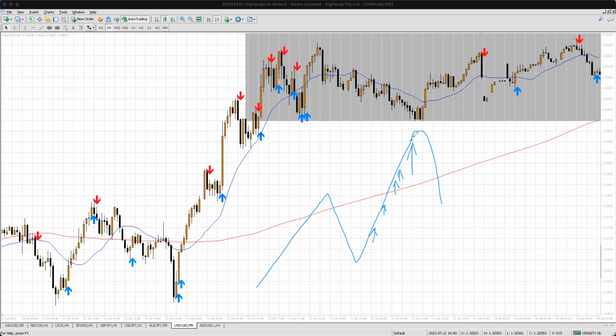I don't think buyers are going to keep getting in control. I'll just wait maybe for price to pull back, be in a nice position, maybe using the fib to see if it's in the discount area. And you can start looking for buys from there, all the way back to the top. So simple price action as well will always help you, and it will make the indicators work even better for you, showing you clearer things.